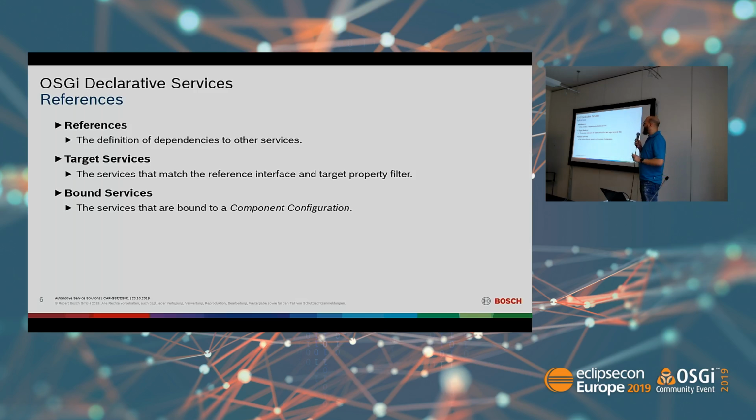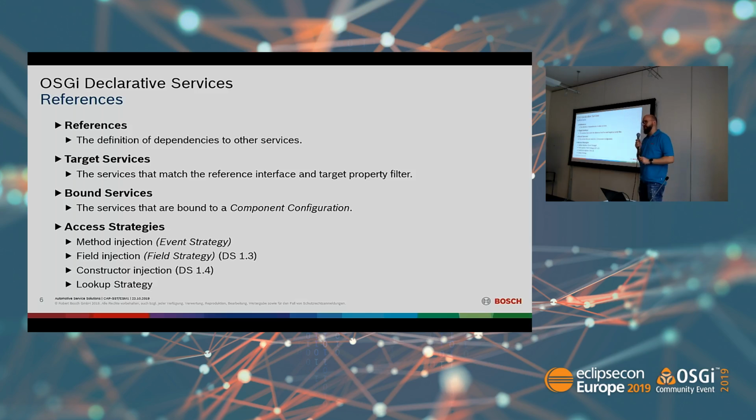And to access services or to access references, there are different access strategies. In previous specs until R7, so in R6 you will find the name strategy. So there is an event strategy, a field strategy, and the lookup strategy. With R7, this was renamed, probably to be more concise about what it really is. So we have method injection. So you can inject services in a method.